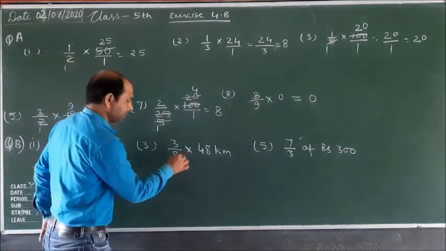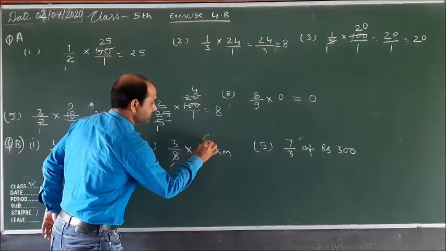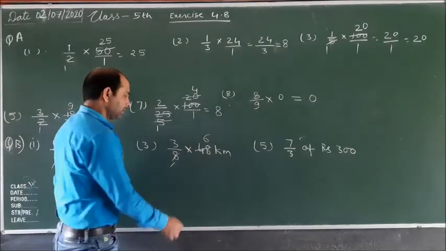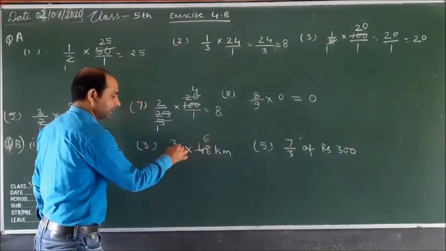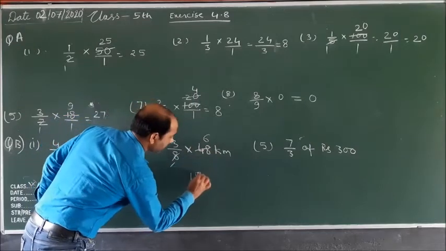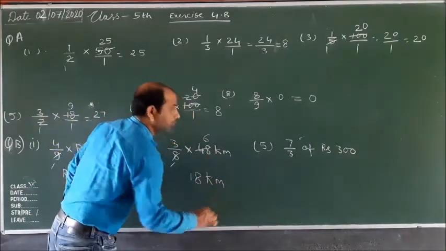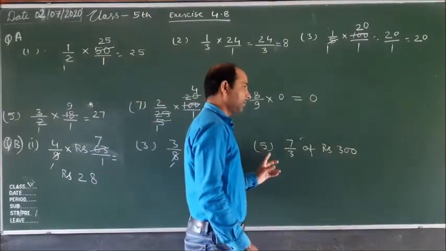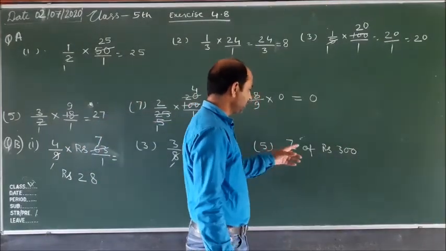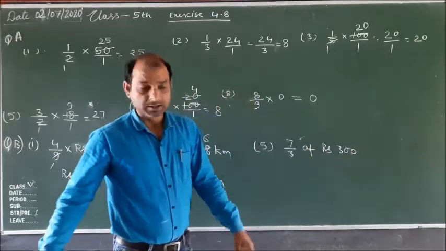Now here 8 ones are 8, 8 sixes are 48. Okay. Now numerator is 6 and 3, 6 threes are 18. This is your kilometer. So write down here kilometers. Now question number 5, 7 upon 3 of rupees 300.